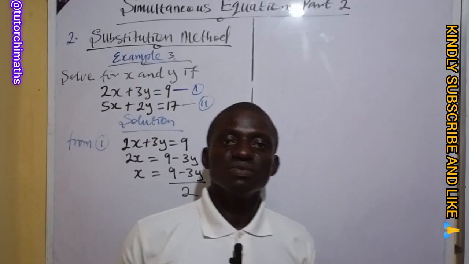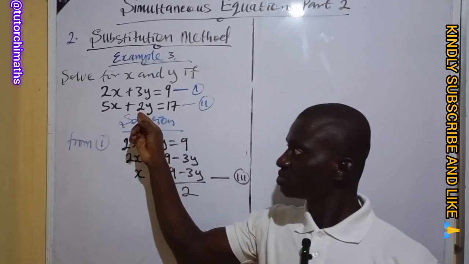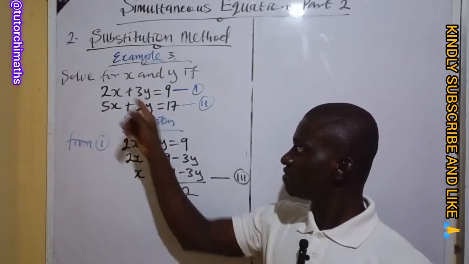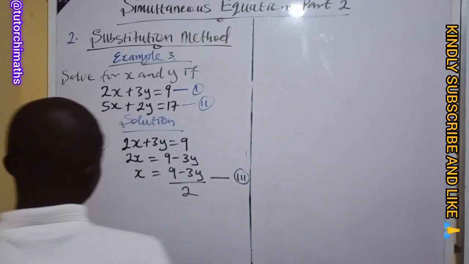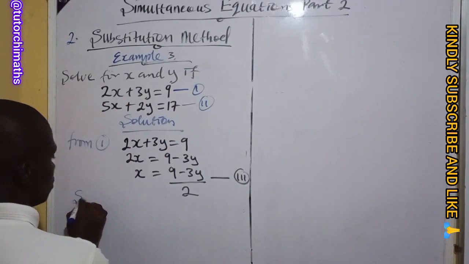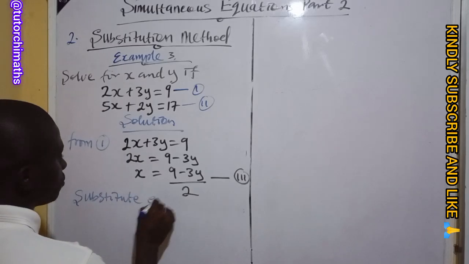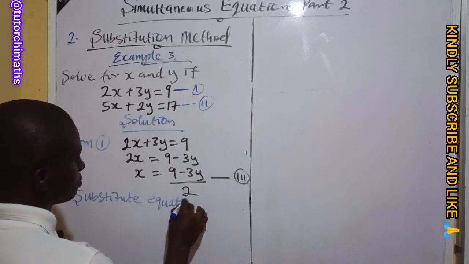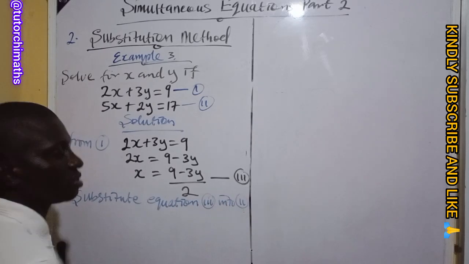Now I'm going to use this equation 3 to substitute back into equation 2. Remember, you are not putting it back into equation 1 because I derived this formula from this equation. So I will put it in equation 2. Substitute equation 3 into 2. Good.